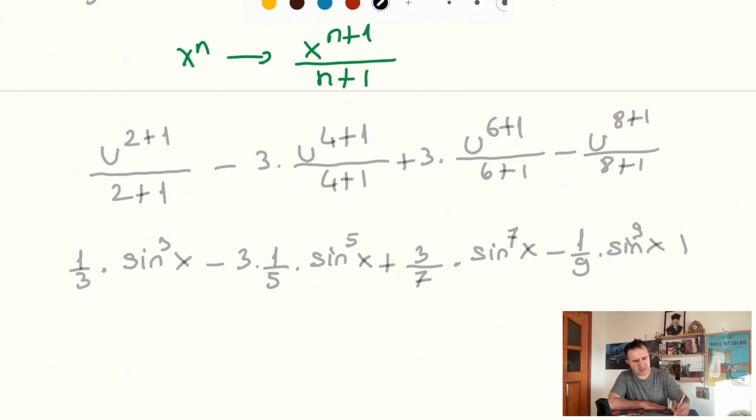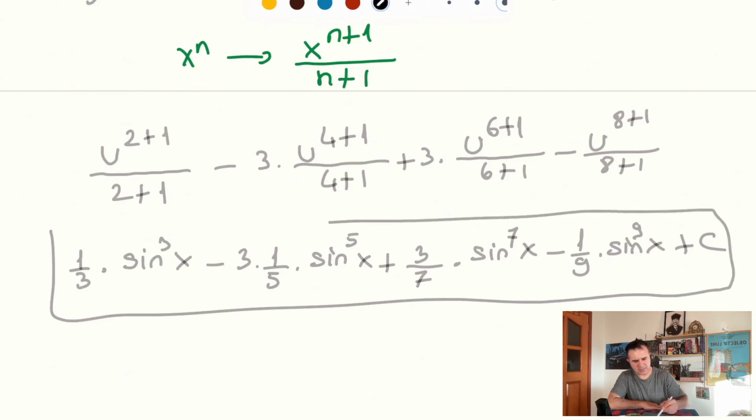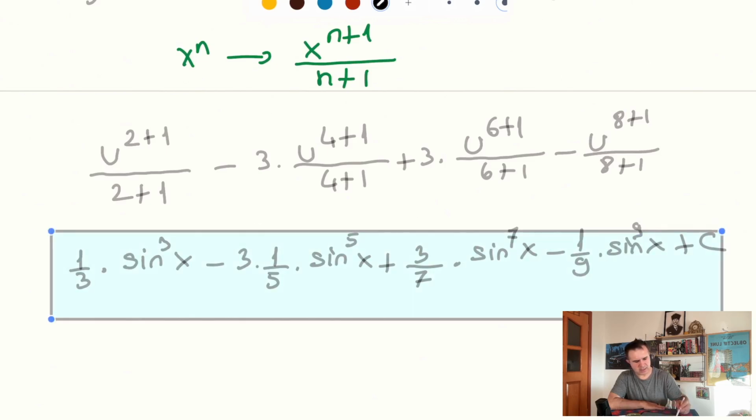And since this is an indefinite integral, we add a constant c here. And the answer is this.